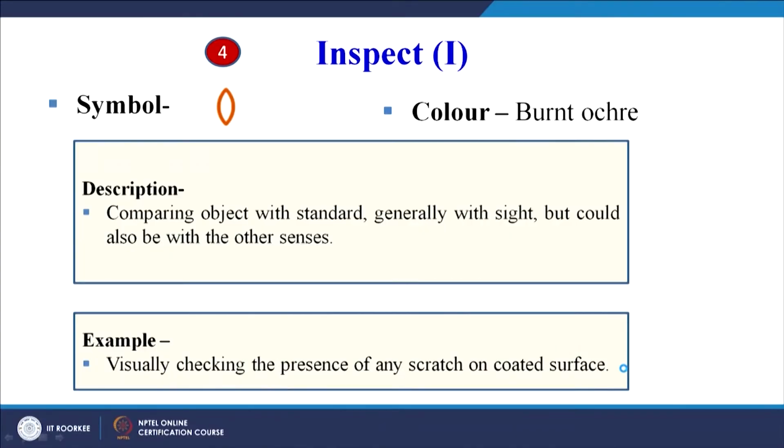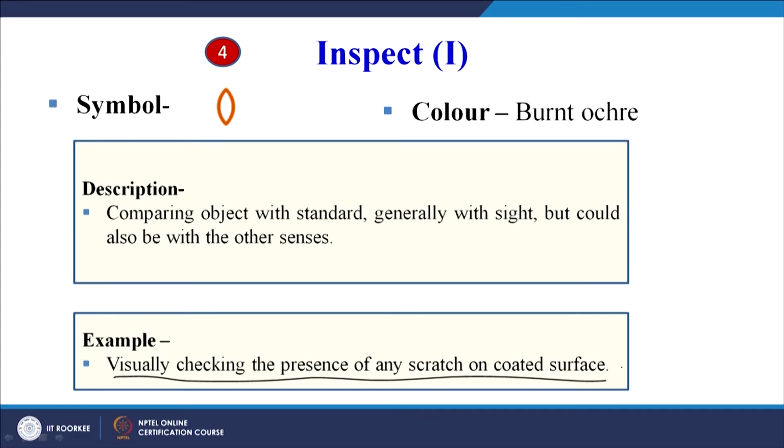The next one is the symbol for inspect: comparing object with standard, generally with sight, but could also be with other senses. Once you are inspecting something, an example can be visually checking the presence of any scratch on a coated surface.